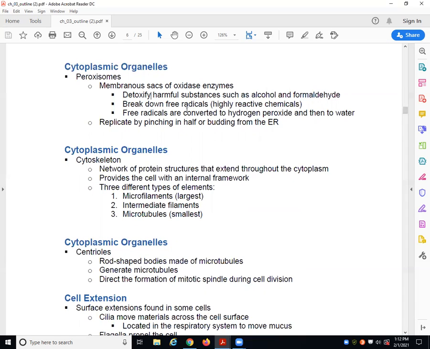And they're going to break down things called free radicals. And these are just basically chemicals that are highly reactive. Okay? You don't need to know much about them other than that. And these free radicals get converted to hydrogen peroxide, hence peroxisomes. And then the hydrogen peroxide gets converted to water. Okay, so you take something that's dangerous and convert it to something that's not dangerous. And the peroxisomes are going to replicate or copy themselves by pinching in half, or they can bud off of the endoplasmic reticulum. Okay?